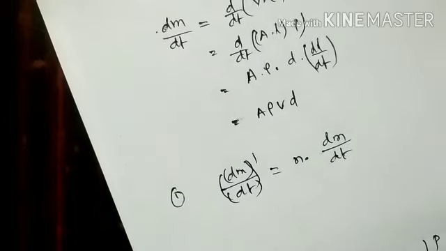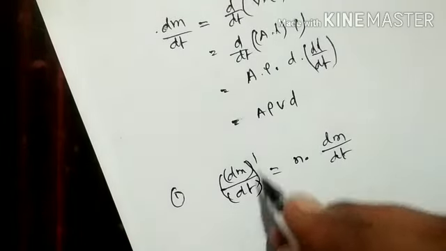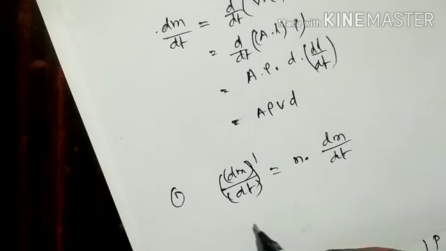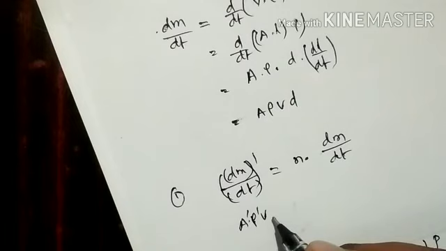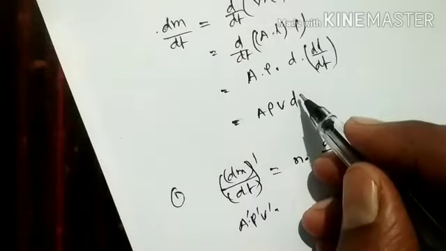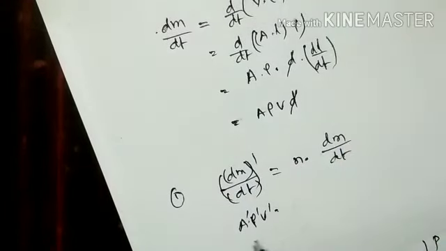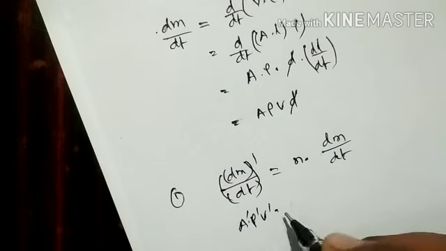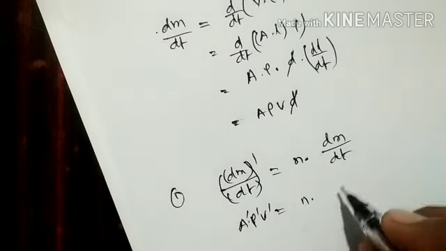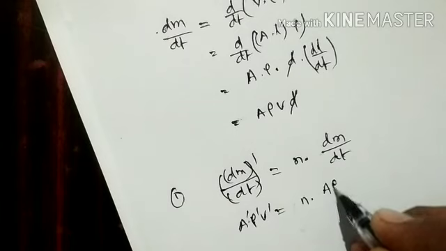So dm dash by dt can be written as A dash rho dash v dash, which is equal to n times dm by dt, and initially dm by dt is A rho v.